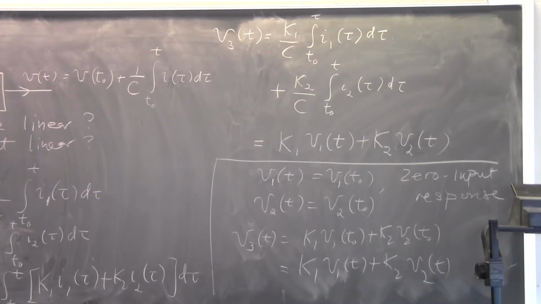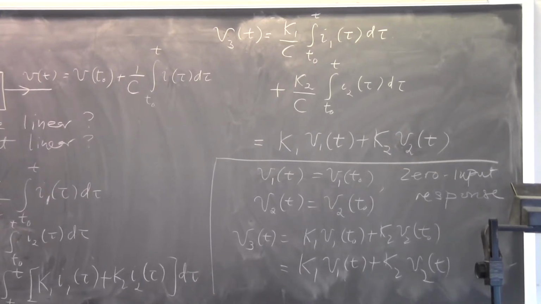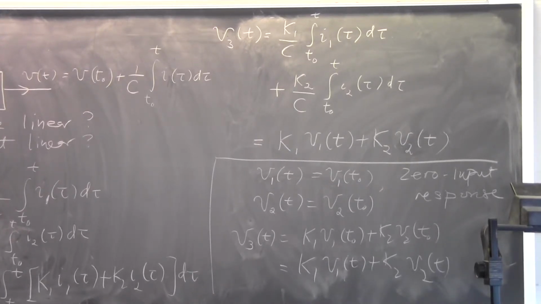Well, we are trying to figure out: if it's zero state to begin with, is the response linear? If it's zero input to begin with, is the response linear? In both cases, we found that they are linear. But this is not true if it's a linear superposition of both.